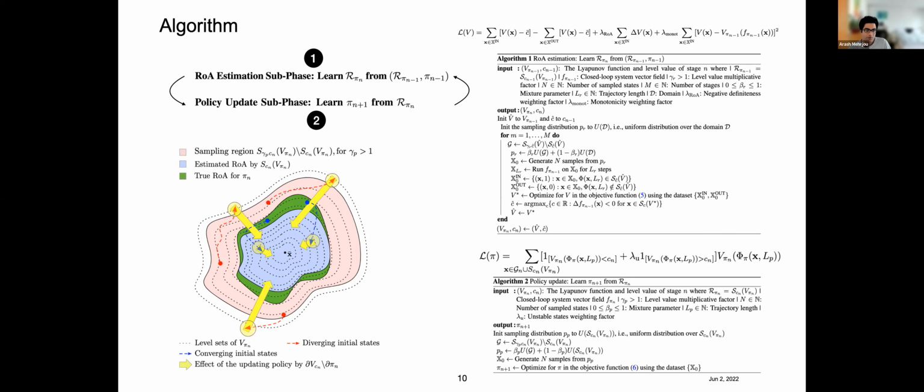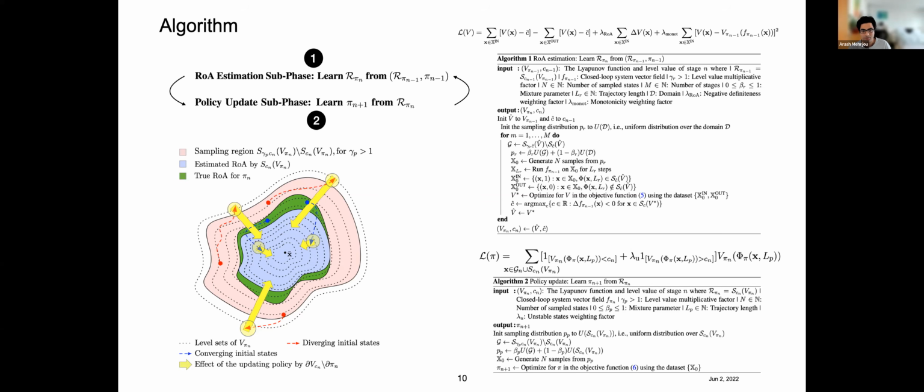But then the idea is to try to change the controller. The yellow arrows show the effect of changing the controller, or learning the controller. We use the current knowledge of the Lyapunov function to sample these points and then bring them back to the stability region of the current state of the Lyapunov function.